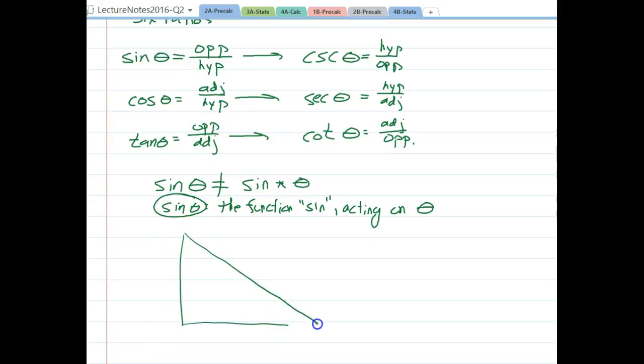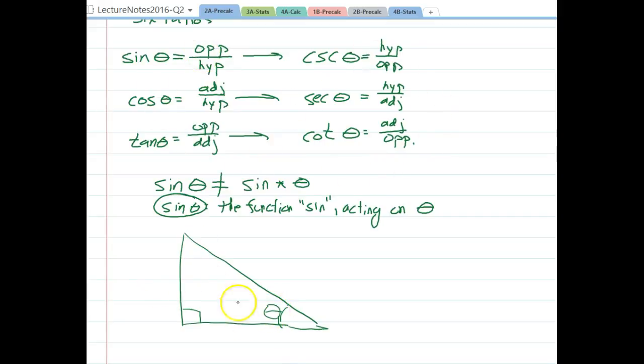And so if I've got a right triangle, and there's my 90 degrees, and I define one of the angles to be some unknown angle theta, then I can come up with a ratio of two of the three sides according to these 6 formulas.